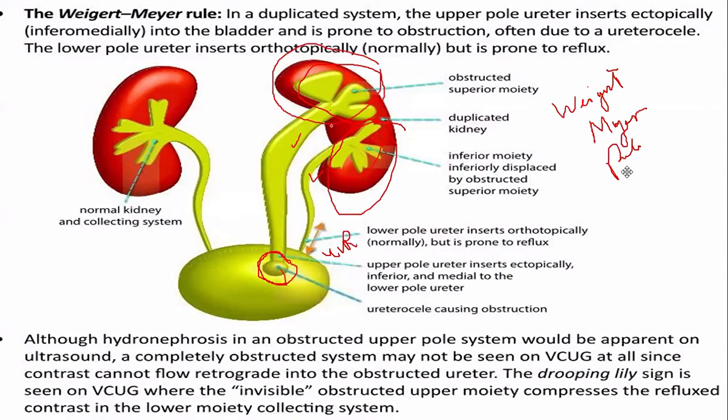I tend to forget which is prone to obstruction or ureterocele, the cobra head. Is it the upper pole or the lower pole? One technique is this.